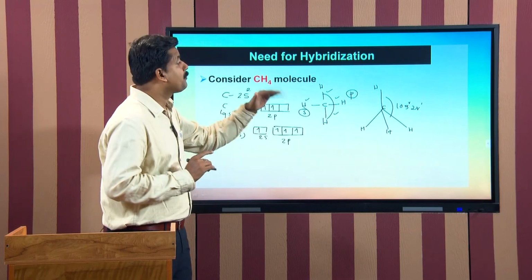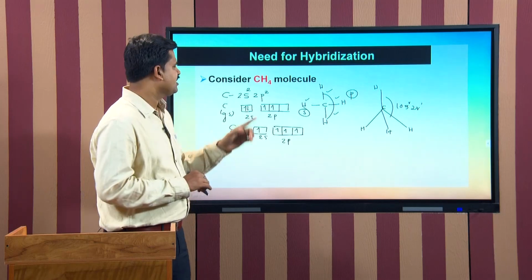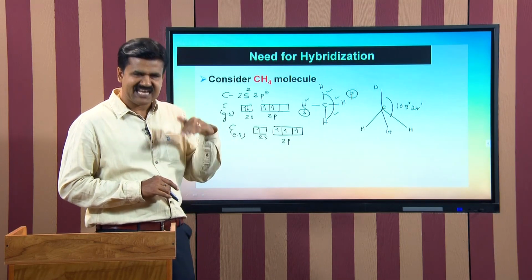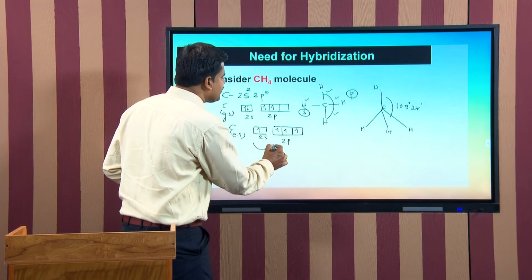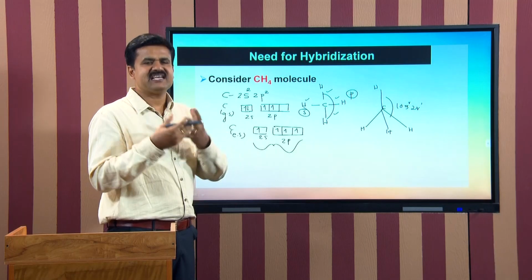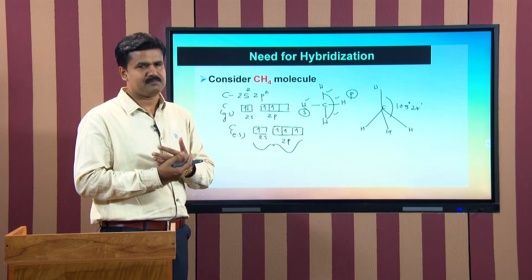That is, prior to the formation of the CH4 molecule, the 4 orbitals of the central atom carbon, namely the 2s orbital and 3 p orbitals, equalize their energy and shape through a mixing up.